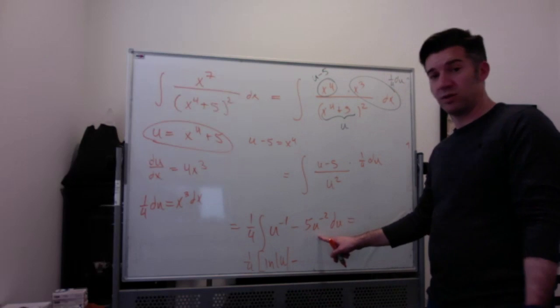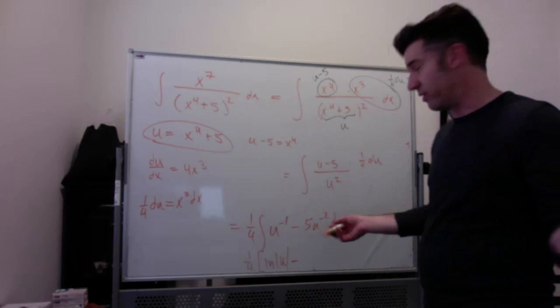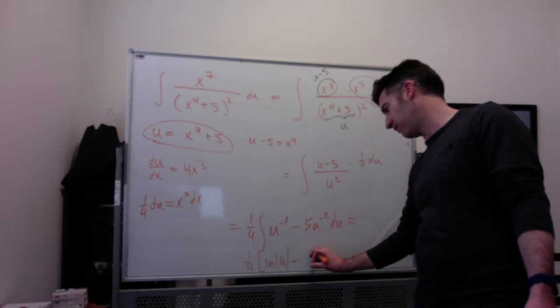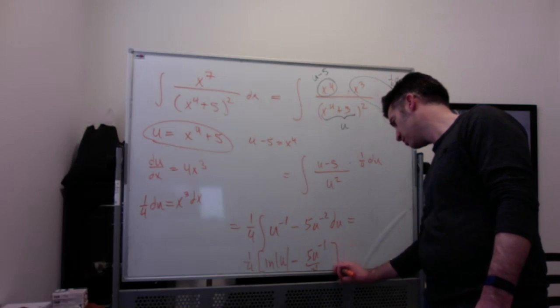Minus the integral here. So u to the negative 1, or 1 over u, is the one where we can't use the power rule. Here we see it's 5 u to the negative 1 over negative 1 plus c.